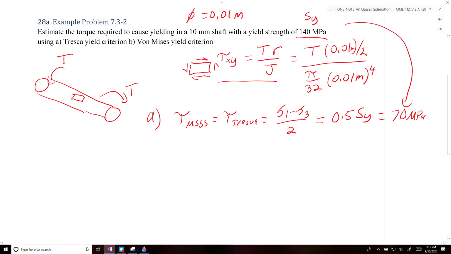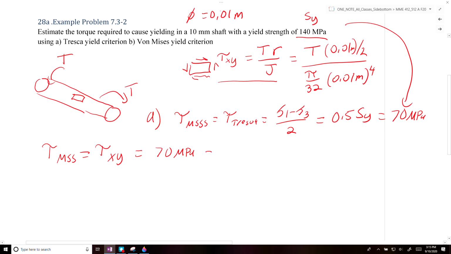Based off of our stress element, our maximum shear stress is going to be equal to tau xy, which is going to be equal to 70 megapascals.